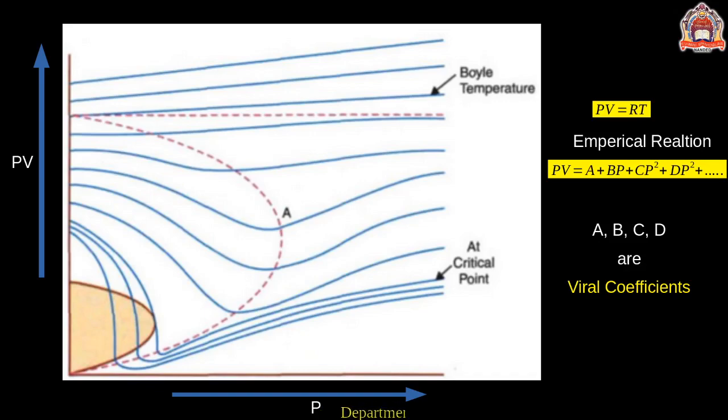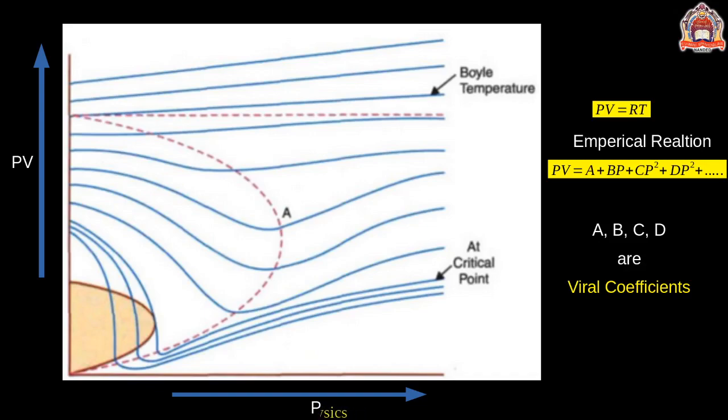Here A is the first virial coefficient, B is the second virial coefficient, C is the third virial coefficient, and so on. These coefficients are in decreasing order of magnitude. That is, A is greater than B, B is greater than C, C is greater than D, and so on. The ratio of B by A is of the order of 10 to the power minus 3, while C by A is of the order of 10 to the power minus 5.